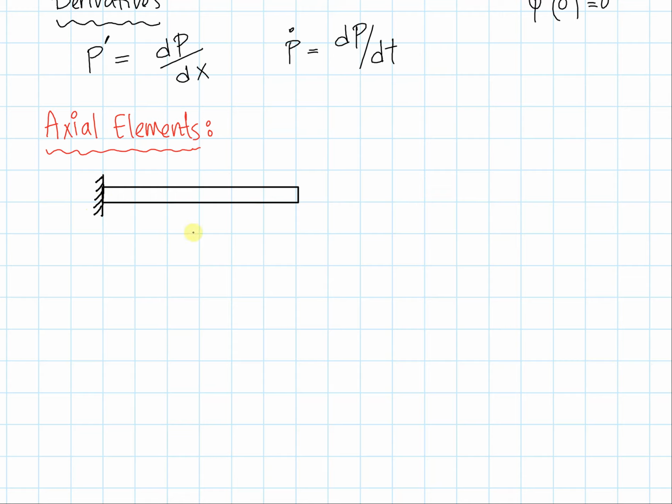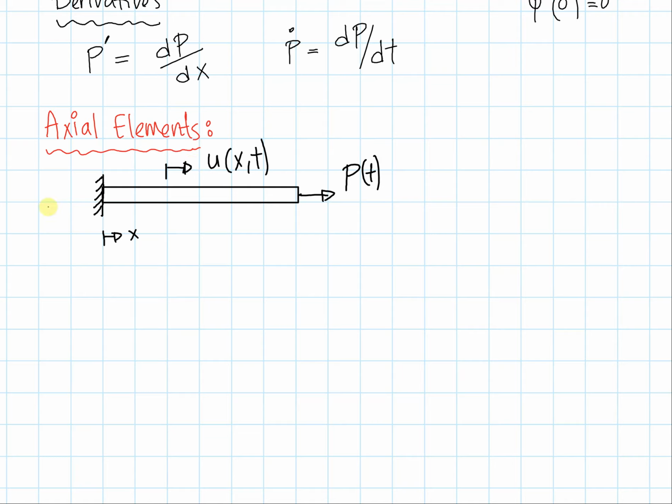And this axial element is to be subjected to an axial force P, and we're going to measure x from the base, and we're going to measure the axial deformations by u, and they're going to be functions of x and time. All right. Now, what is this question asking us?